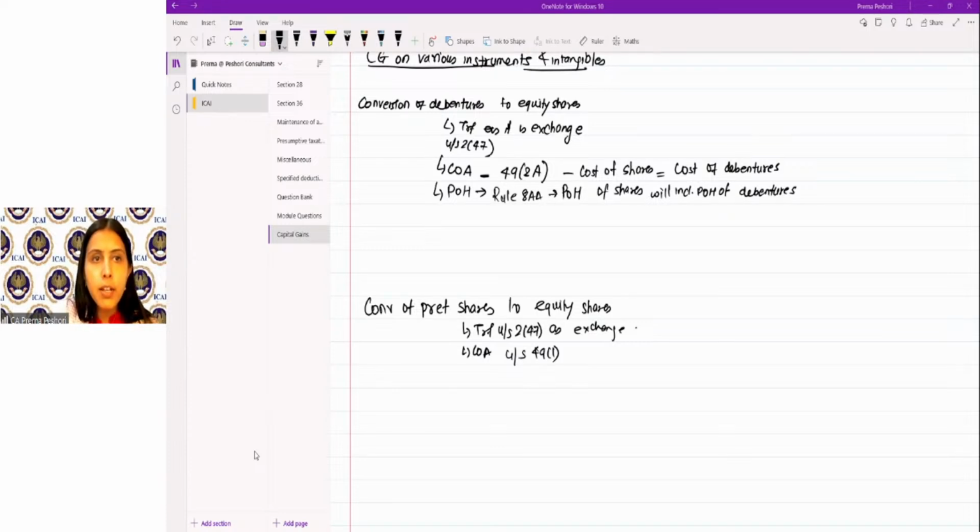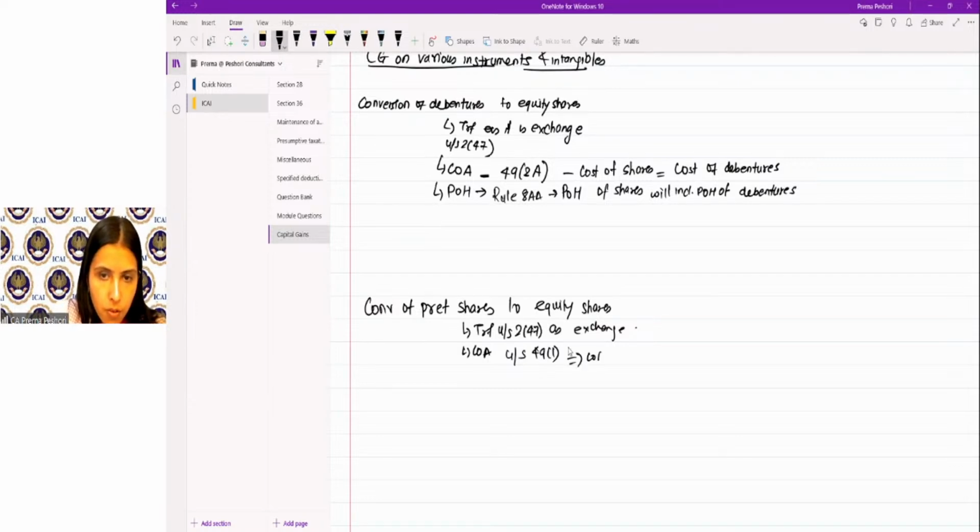So where the capital asset becomes the property of the assessee by way of conversion, 49(1) says that the cost of the equity shares will be the cost of the preference shares.